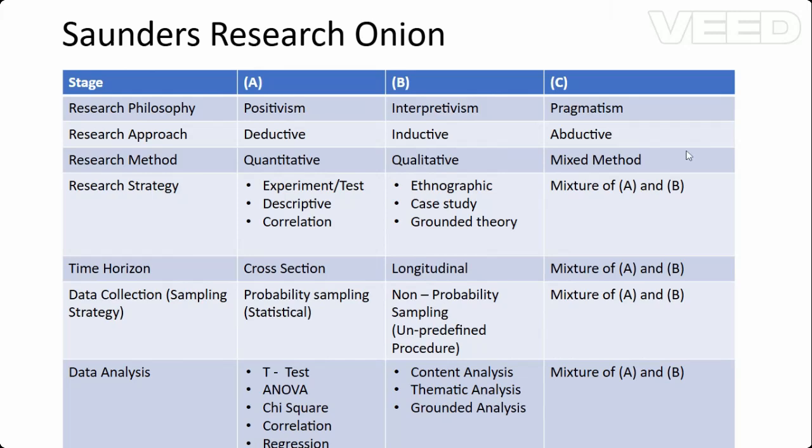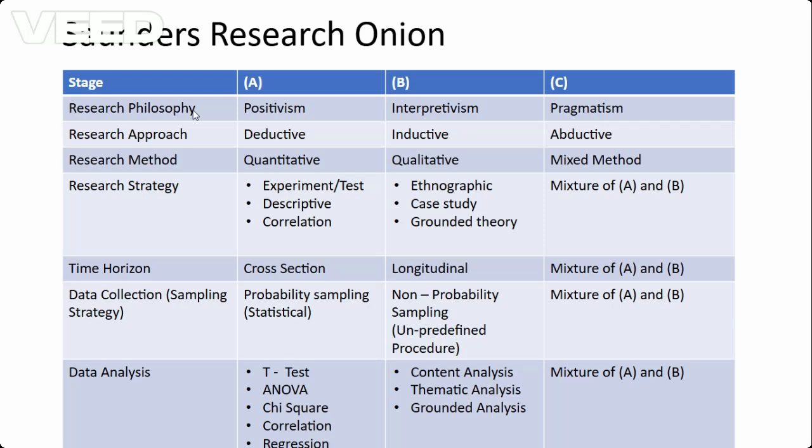Besides having the research onion, I can split the Saunders research onion into a table format, so it will no longer be an onion. If you look at the table, we have the layers from the highest to the lowest level, which is data analysis.